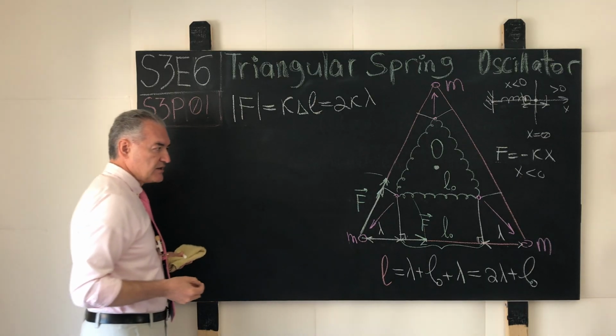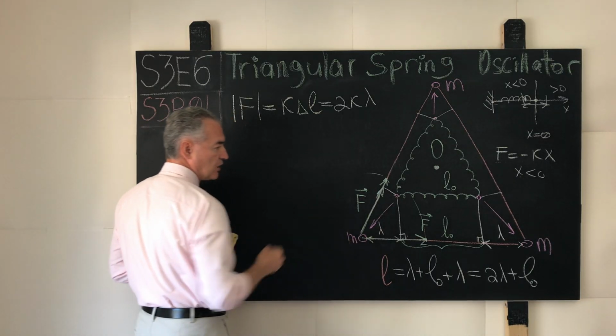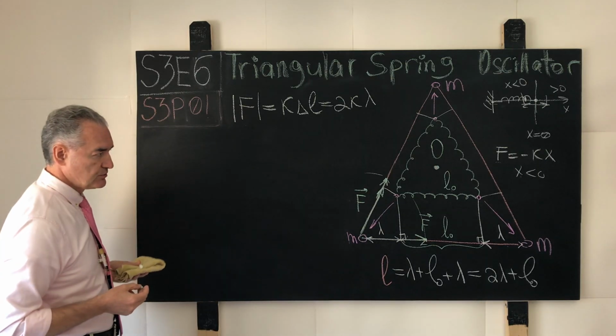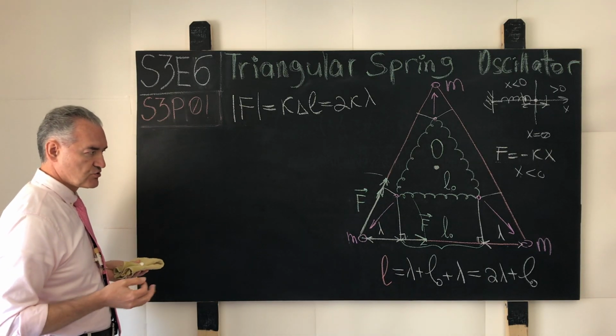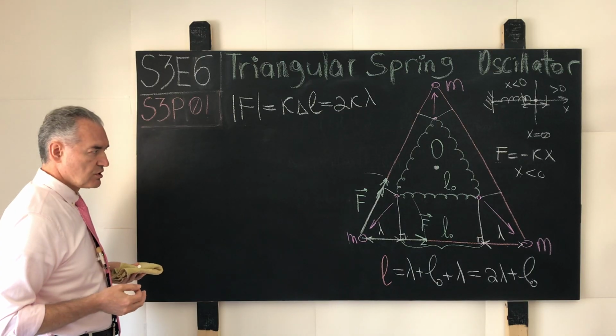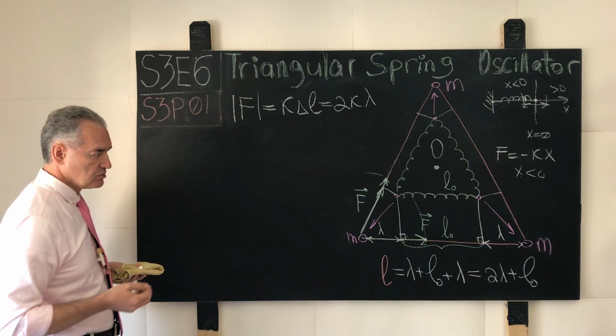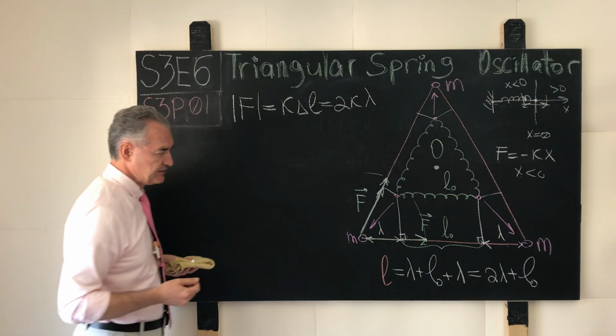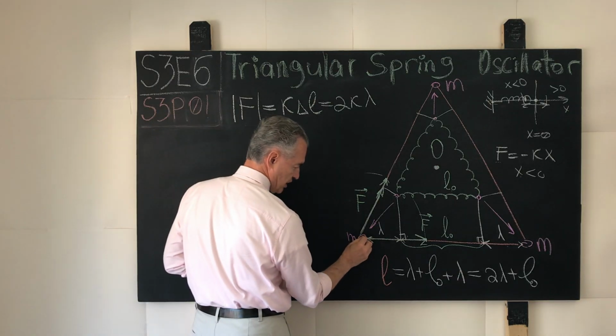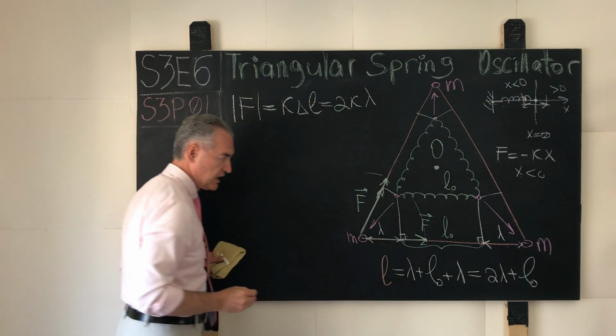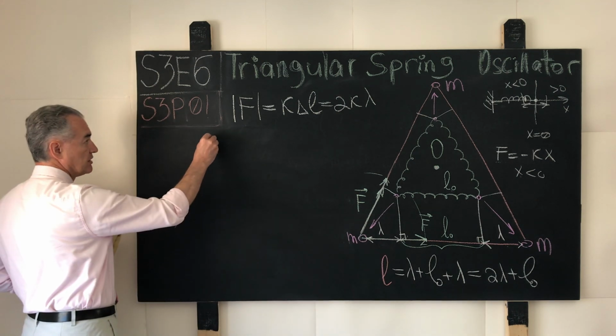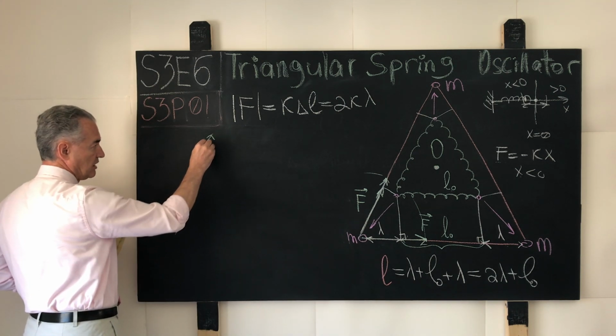Now, how do we find the net force in this case? Well, one way to find the net force is we can use either the so-called triangle rule or the parallelogram rule. I guess in this case it's easier because the forces originate at the same point. It is easier to use the parallelogram law.